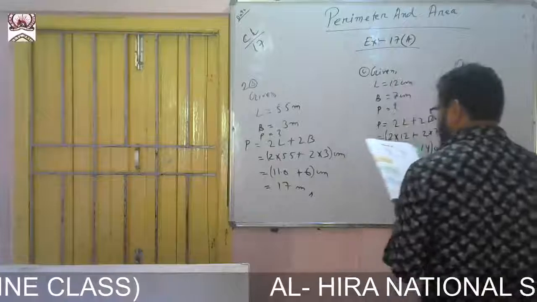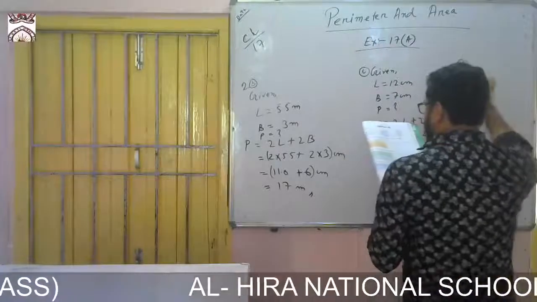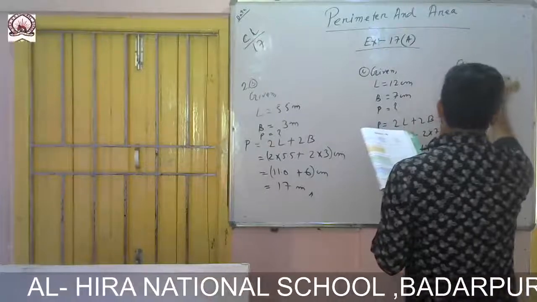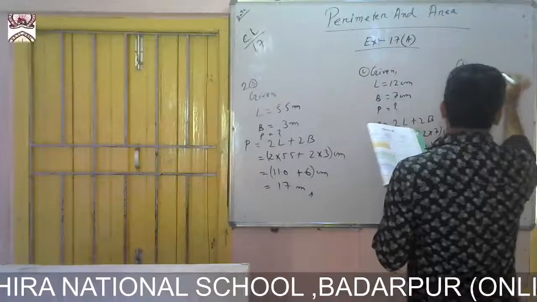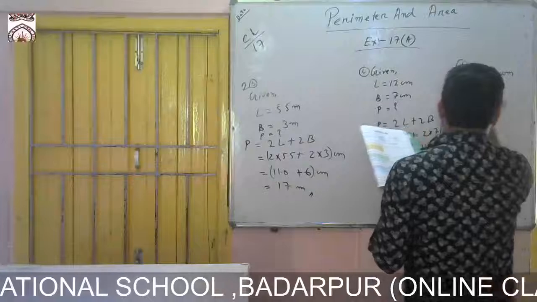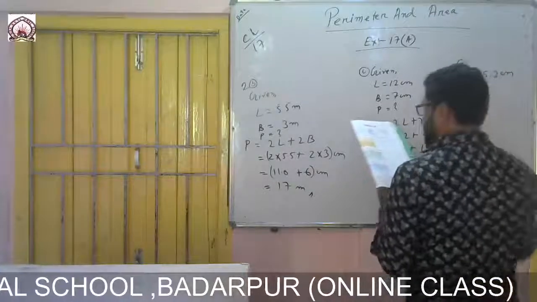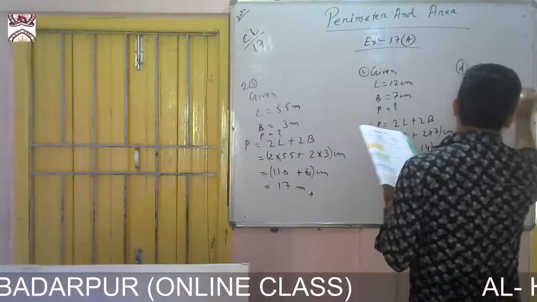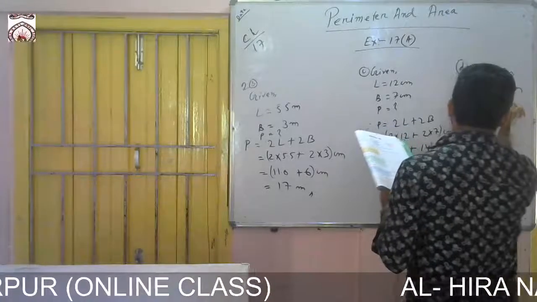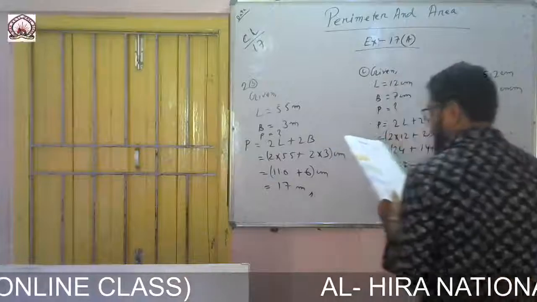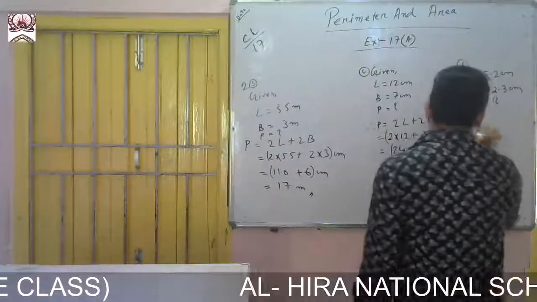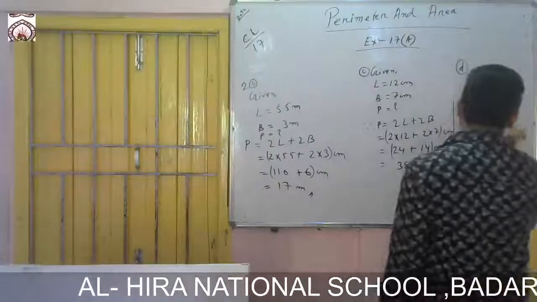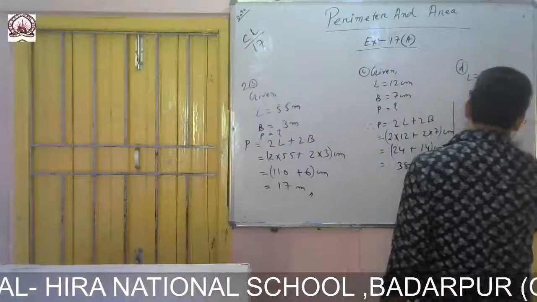So D is what? L equals 5.2 centimeter. B equals 2.3 centimeter. Therefore P equals question mark. We need to find P. Therefore we know P equals 2L plus 2B.